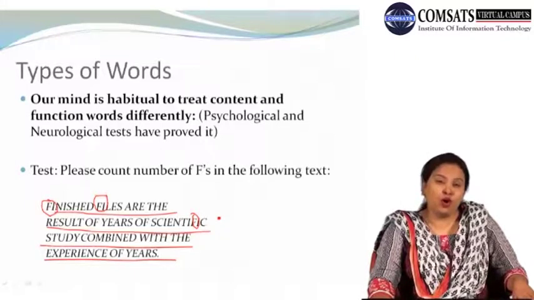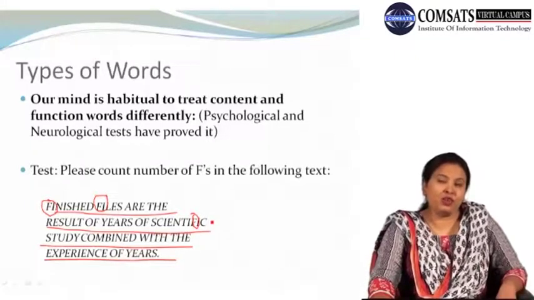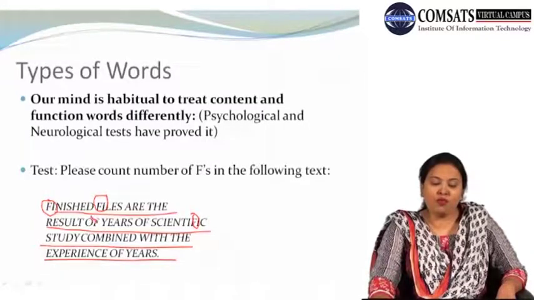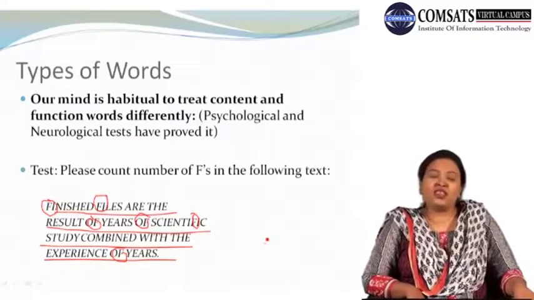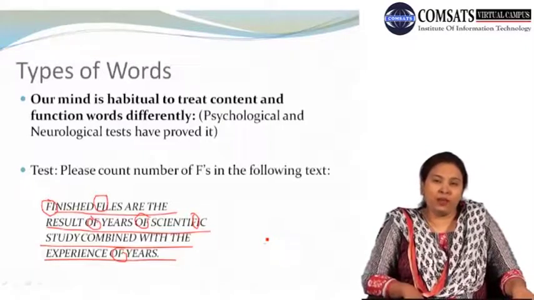But you forgot to calculate this of F, this of F, and this of F. Now, according to psychologists, because these of, they do not have a direct meaning, they are the function words, so usually we unconsciously ignore them.